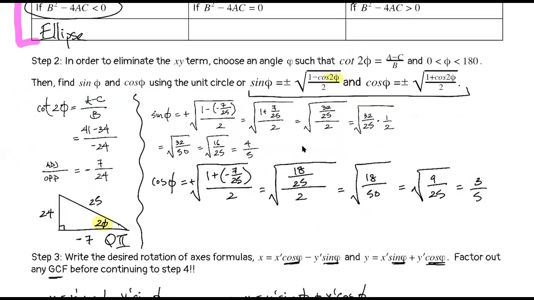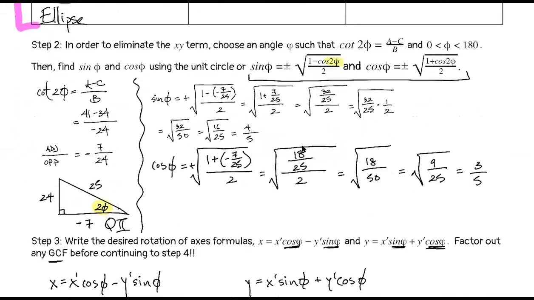Then in step 2, after we determined that our shape was an ellipse, we figured out how to find our angle of rotation. That angle of rotation we called phi. We knew that we could find sine and cosine using the unit circle, but I intentionally picked one in the beginning where we had to use these fancy formulas over here.